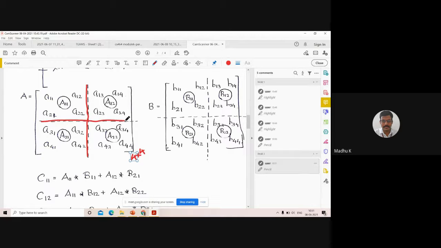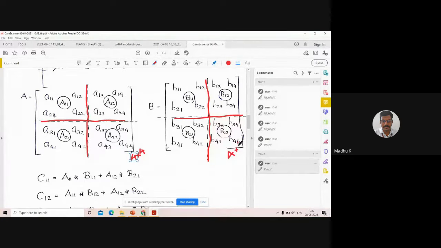Similarly, this also I will divide. In this way I will divide: this is one matrix, this is another matrix, this is another matrix, this is another matrix. Similarly, this is another matrix, and another. So there are 8 matrices. This is also a 4 by 4 matrix.